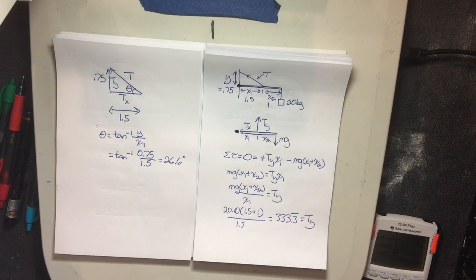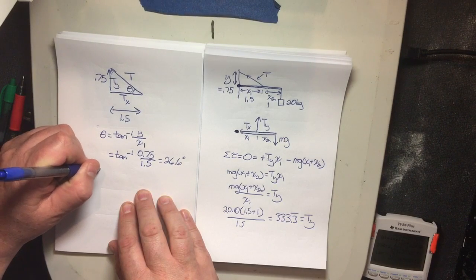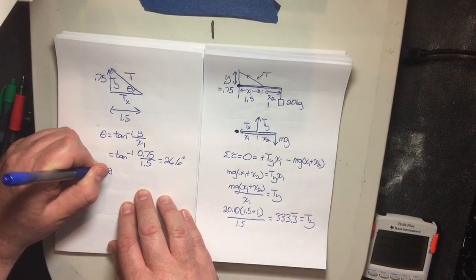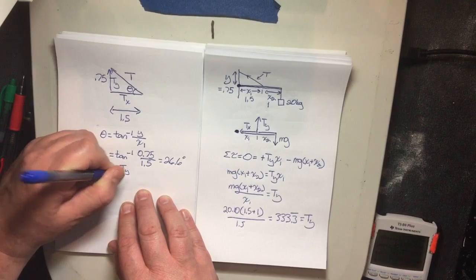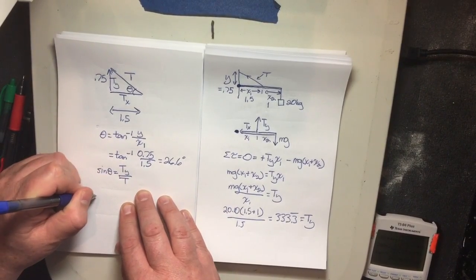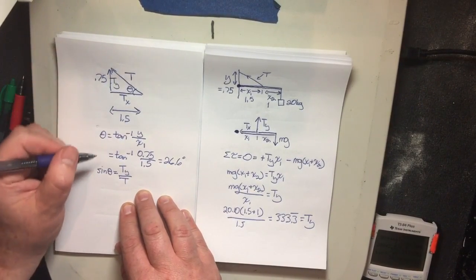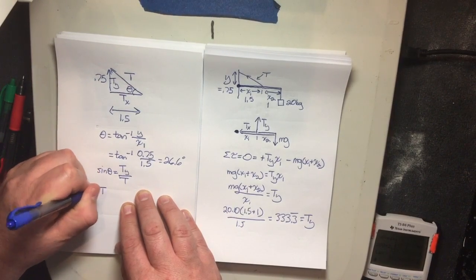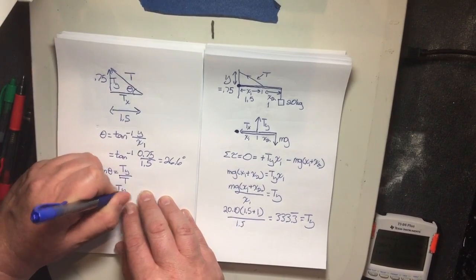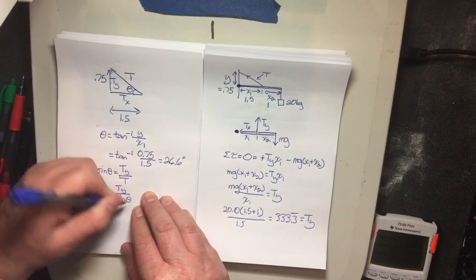So if you have the tension in the vertical and you have theta, you can get the total tension. Sine of theta is Ty over T, opposite over hypotenuse. So T is Ty over sine theta.